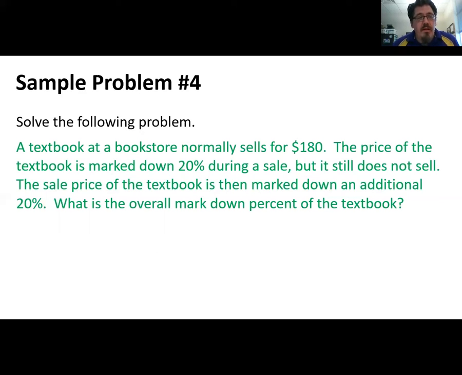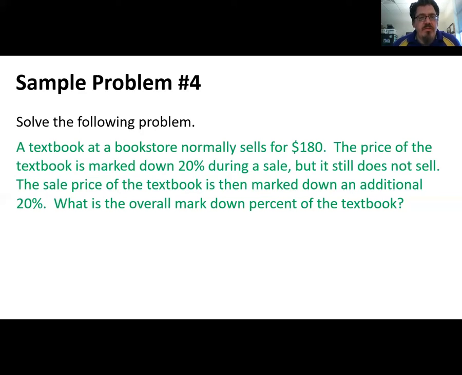And the reason is because we're taking 20% of the 180 to start with to get the new sale price, but then it's the sale price that's decreased 20%, not the original amount. So the 20% that we're calculating has a different original amount in each step of the process. And so what we end up with is a situation where the markdown is actually less than 40%. All right, so let's do the math and show you how to figure this out.